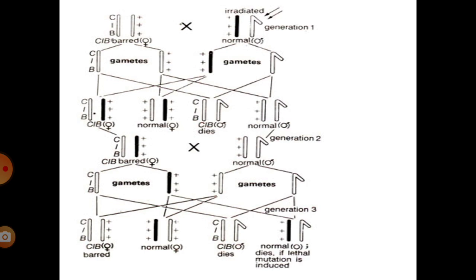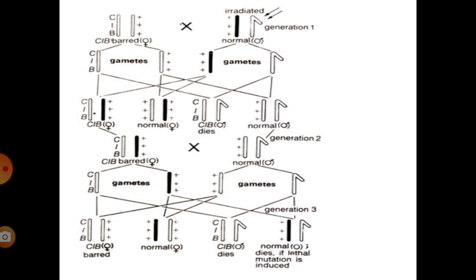Then in the F1 generation, you can see the plate. It consisted of females and males in the ratio 2:1. Among the females, 50% were normal with red eyes. The other 50% had bar eyes, which means they carried the CIB X chromosome.